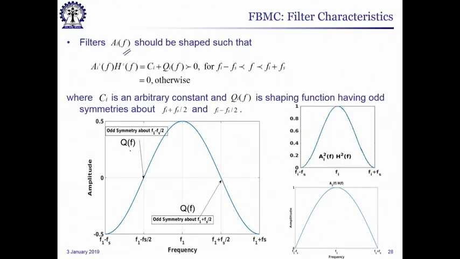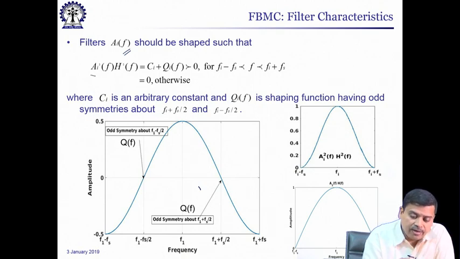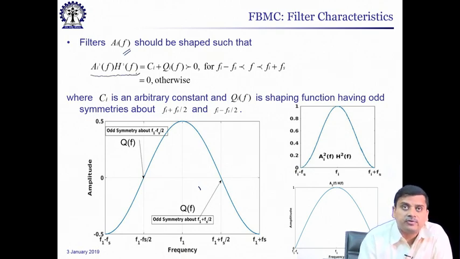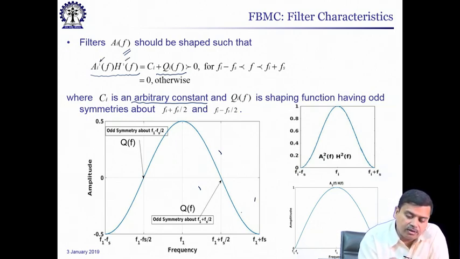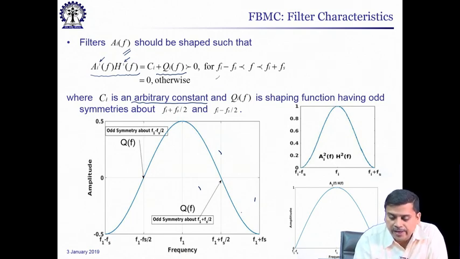So, the solution that has been brought out in that particular paper is that Ai(f) squared times H(f) squared, where H(f) is the channel transfer function, should be equal to Ci, which is some arbitrary constant, plus Qi(f), which is greater than 0, because these are all squared terms, right, for a range of f which lies between Fi plus minus Fs as indicated over here, and it is 0 otherwise, that means outside this range it should be equal to 0.